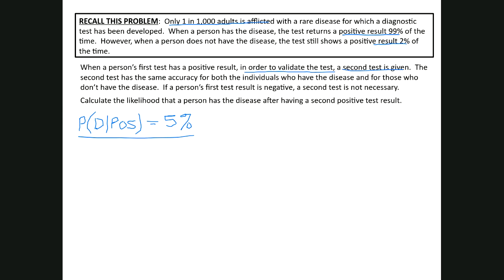This test has the same accuracy, but if the first result is negative, we're not going to have a second test. So now how are we going to proceed? And again, we're going to use a decision tree. And we've already built this probability tree.